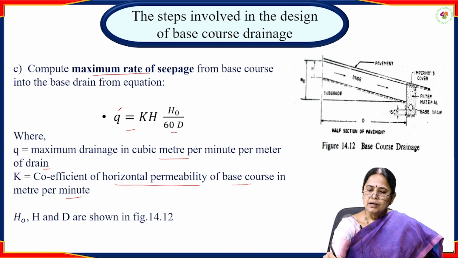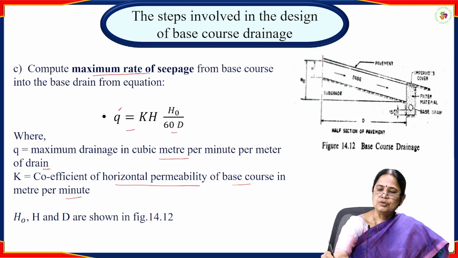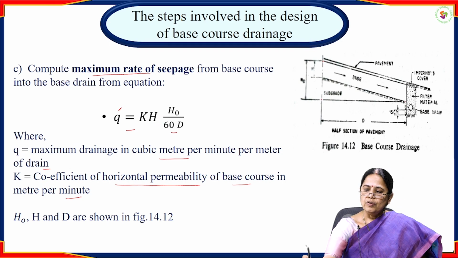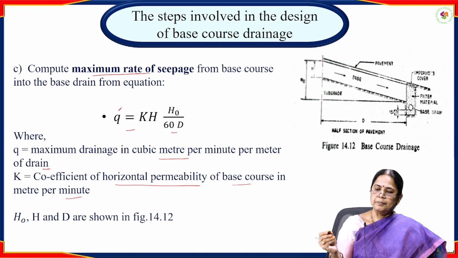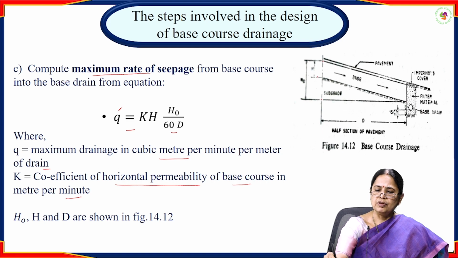H0 is the vertical difference or level difference between the upper portion of the base course at the center of the pavement to the lower portion of the base course at the end of the pavement. So, here H is the thickness of the base course and D is the distance of half of the pavement section.